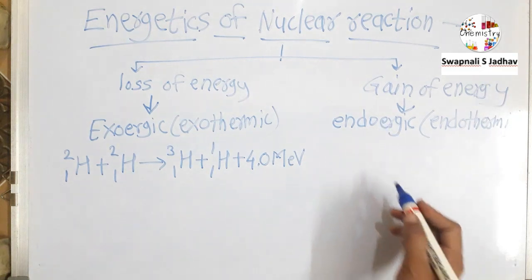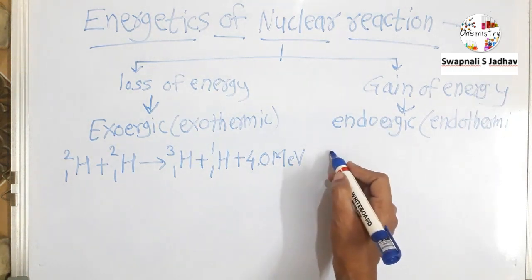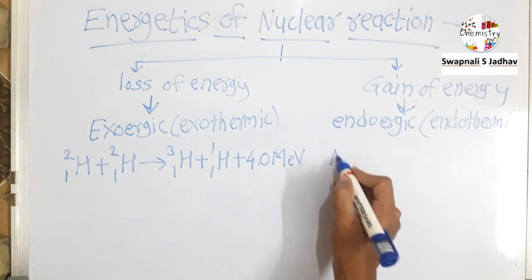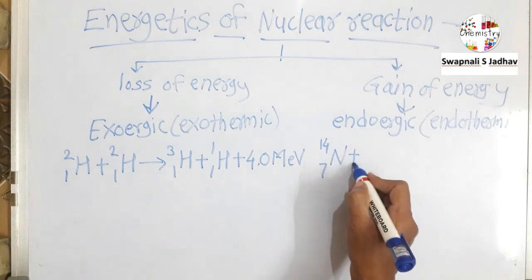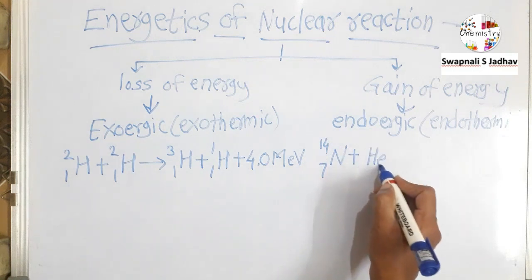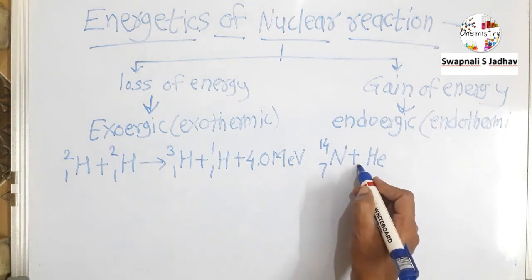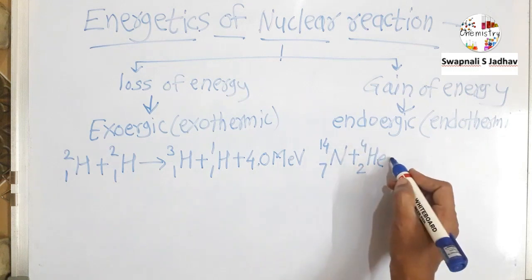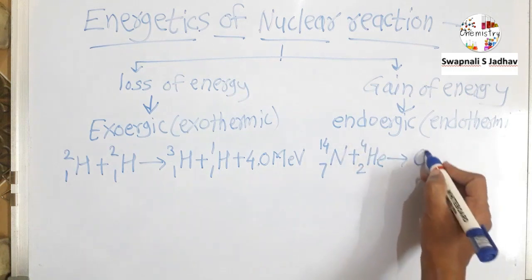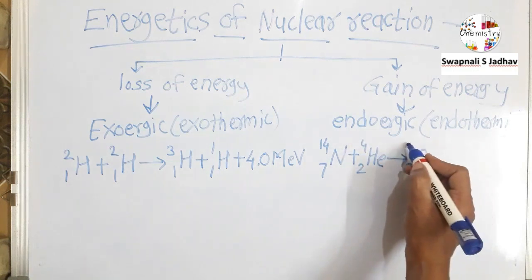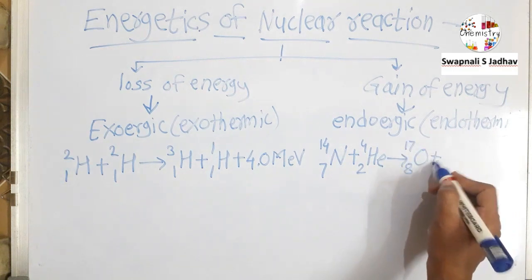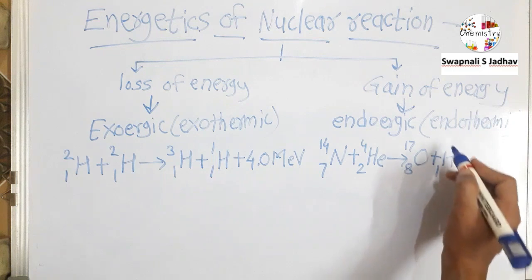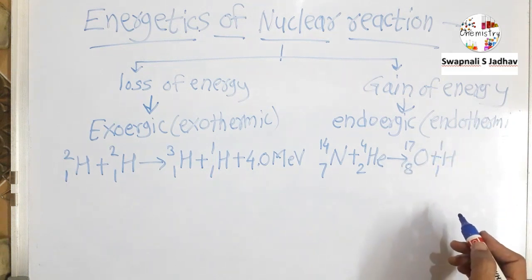Okay, and an example of endoergic is when nitrogen having mass number 14 is bombarded by an alpha particle, then there is formation of oxygen having mass number 17 with emission of a proton.